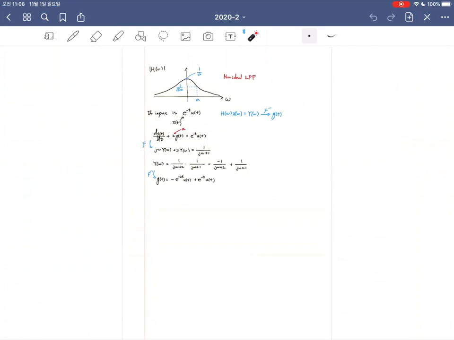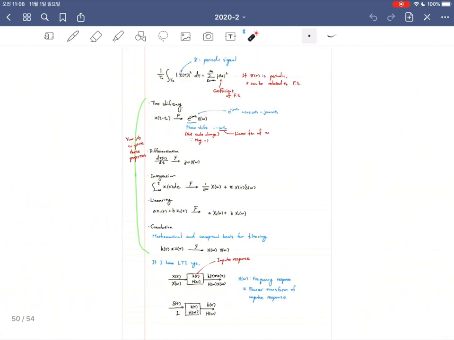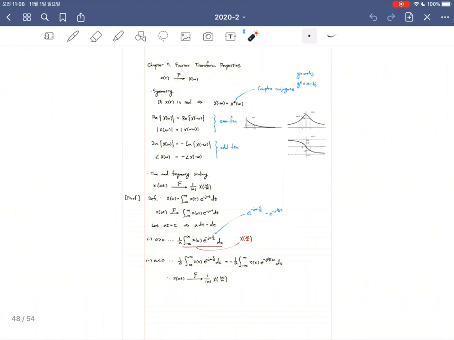In the previous lecture, we have finished continuous time Fourier series and Fourier transform. We have gone through the properties of the Fourier transform for the continuous time case.